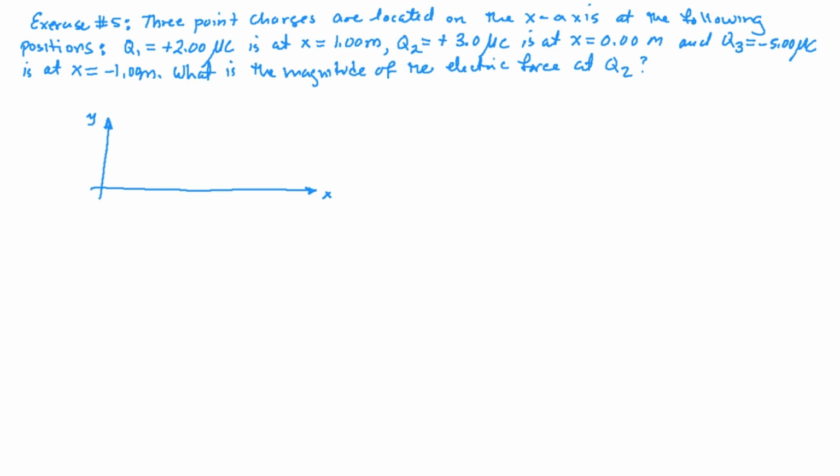We have this charge of 2 microcoulombs at 1 meter. This one is Q sub 1, and it is 2.00 microcoulombs, at 1 meter from the origin. We have Q sub 2 at the exact origin.